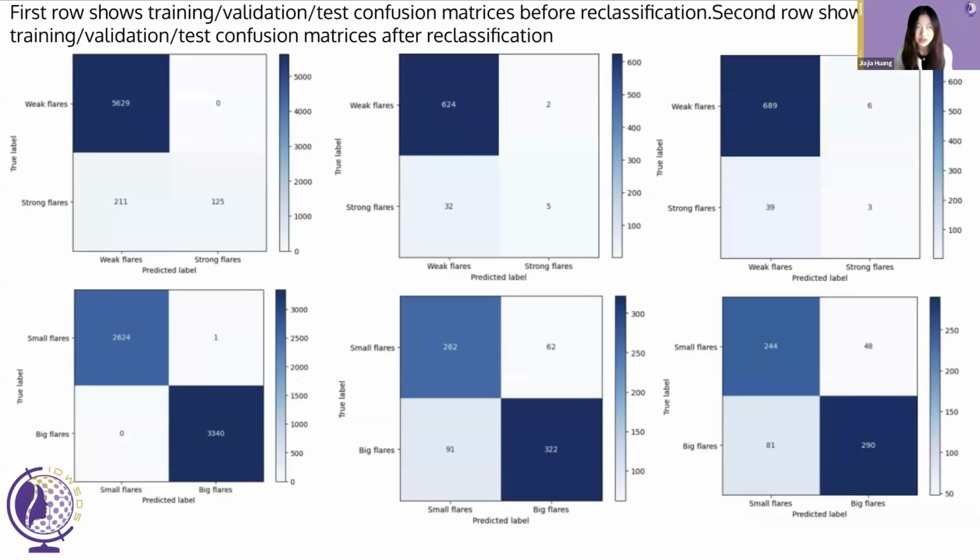Showing my confusion matrices, you can see that there is a huge, disproportionate ratio of weak flares to strong flares, which is particularly shown in the first row. In the second row, you can see that the results look much better in terms of true positives and false negatives being mitigated.